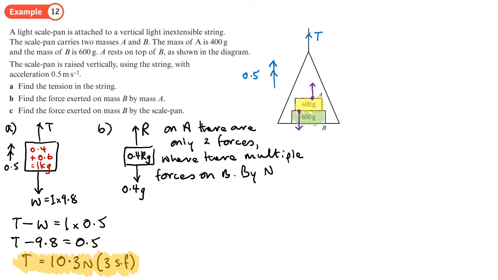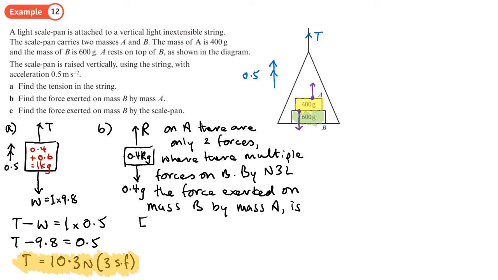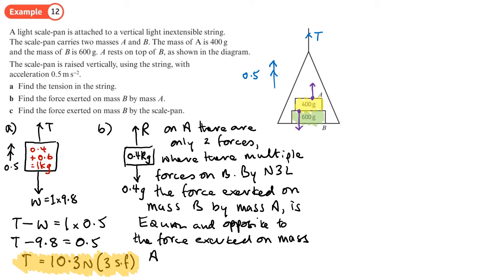By Newton's third law, the force exerted on mass B by mass A, which is what we want to work out, is equal and opposite to the force exerted on mass A by mass B.